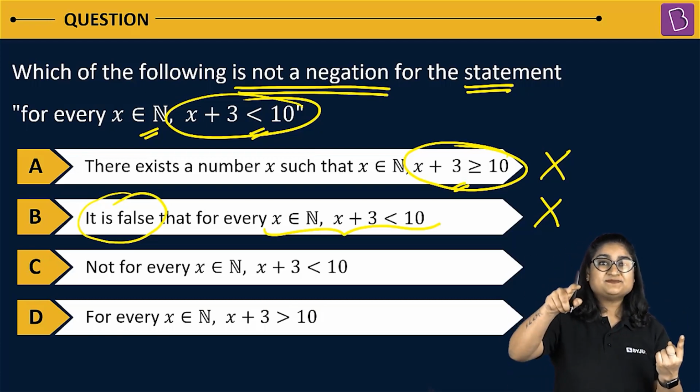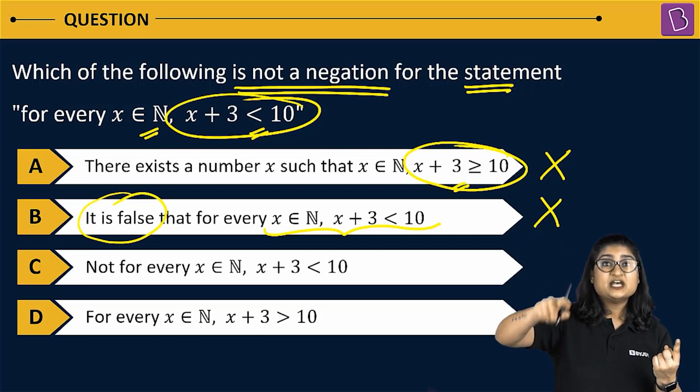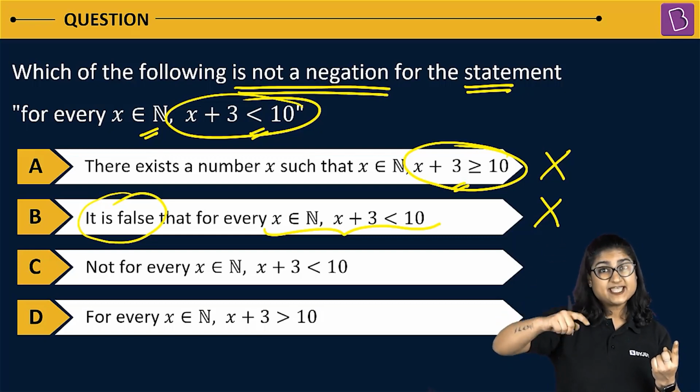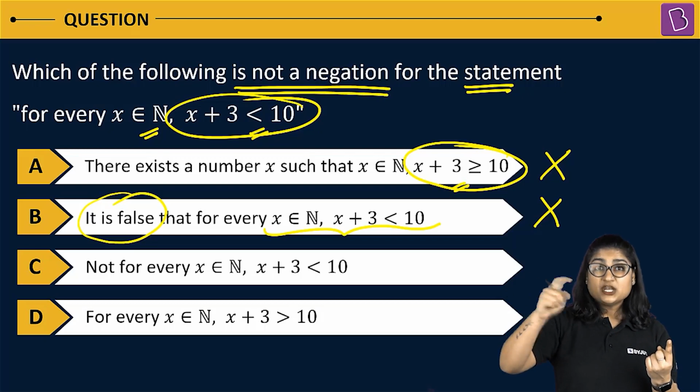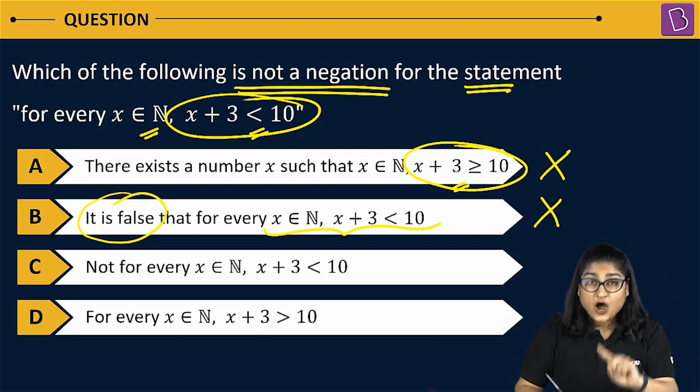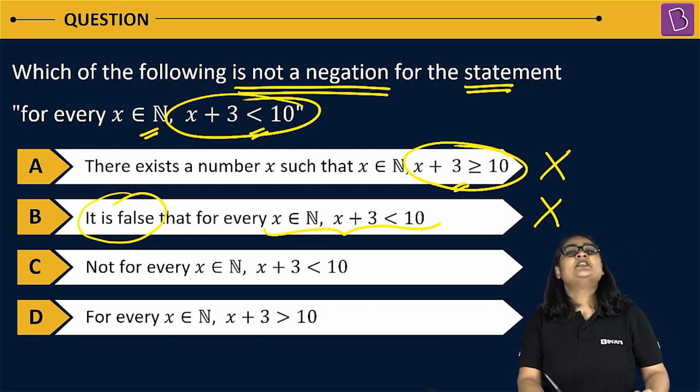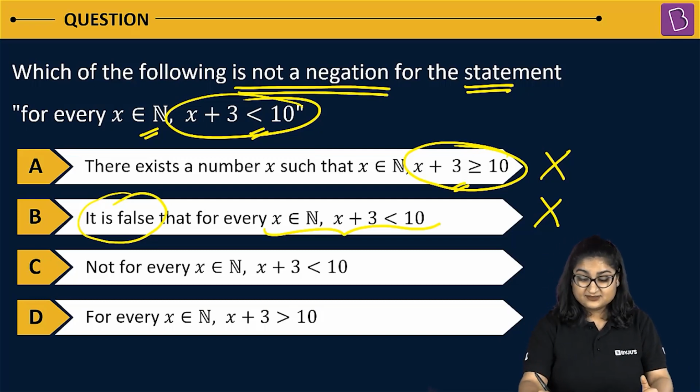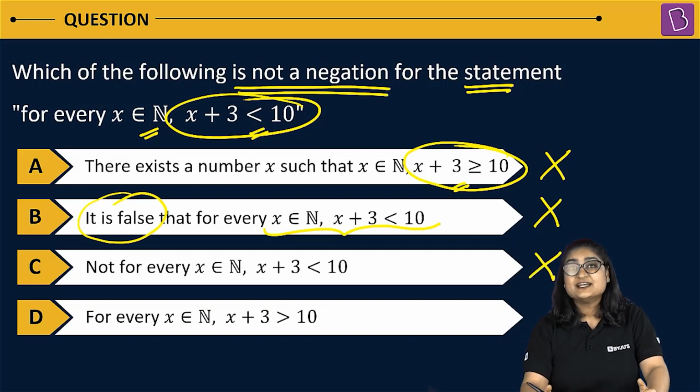But in the question, it has been given that for every x belonging to the set of natural numbers, x plus 3 is less than 10. In option C, we are saying not for every x belonging to the set of natural numbers, x plus 3 is less than 10, which is again the negation of what is given to us in the question.